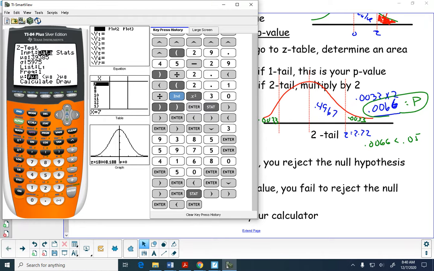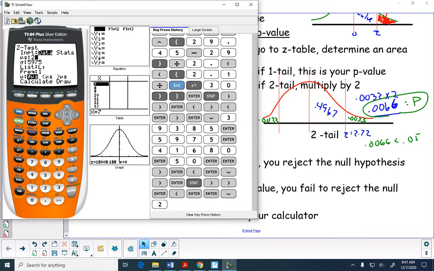So highlight data and enter. Our mu naught in problem number 2 we did on our homework is 29. Our standard deviation that we calculated was 2.61.